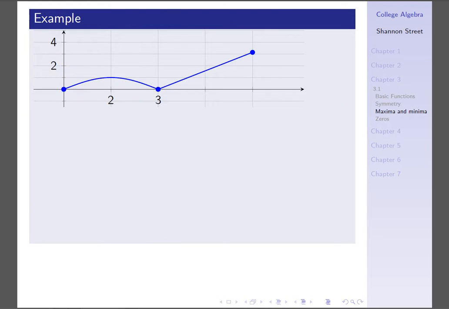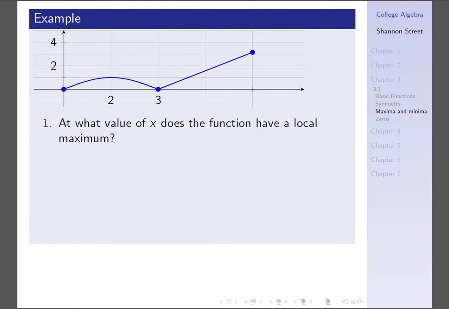So looking at a graph, here we've got a fairly simple graph to analyze. We want to find the location of the local maximum, in other words, what x value gives us a maximum. And I see actually a couple of maxima.